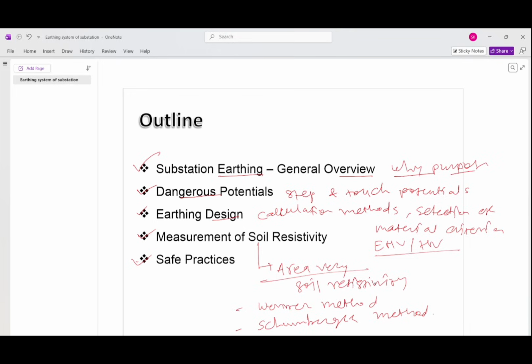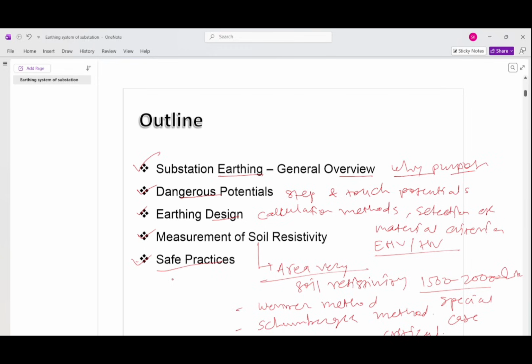Where soil resistivity is very high, say 1500 to 2000 ohm meter, these areas become special cases. So design is critical here.